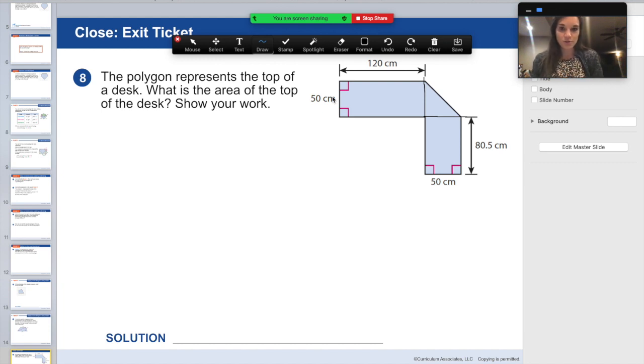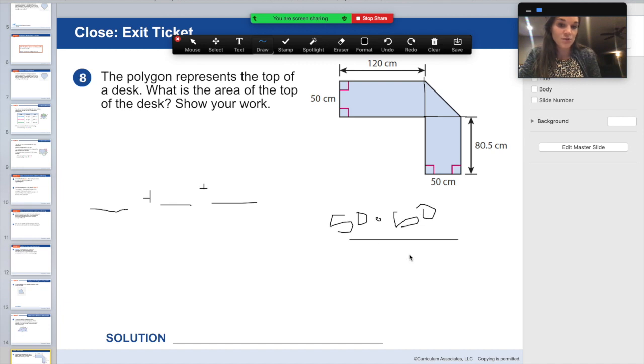This is what I'm going to do. I will find the area of the triangle for you, and then you guys have to find the areas of the rectangles and add them together and find the solution. So the area of a triangle. So we know that our base right here would be 50, and our height would also be 50. So you would do 50 times 50 and divide that by 2.